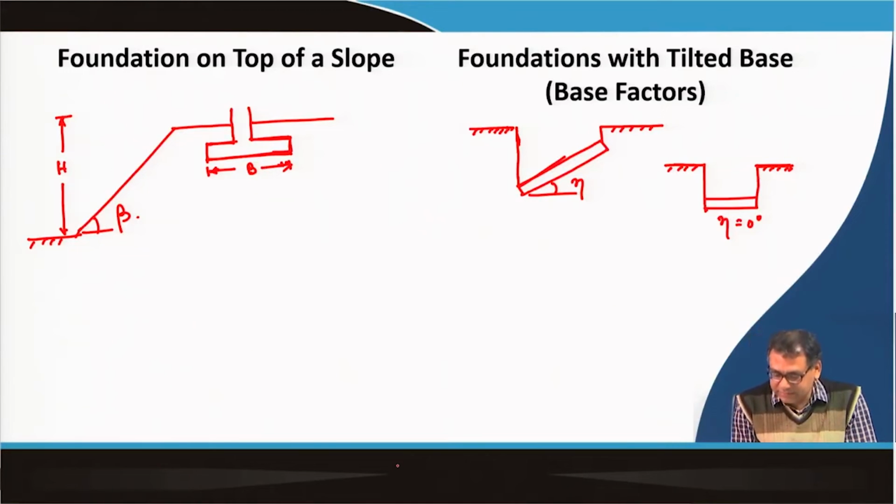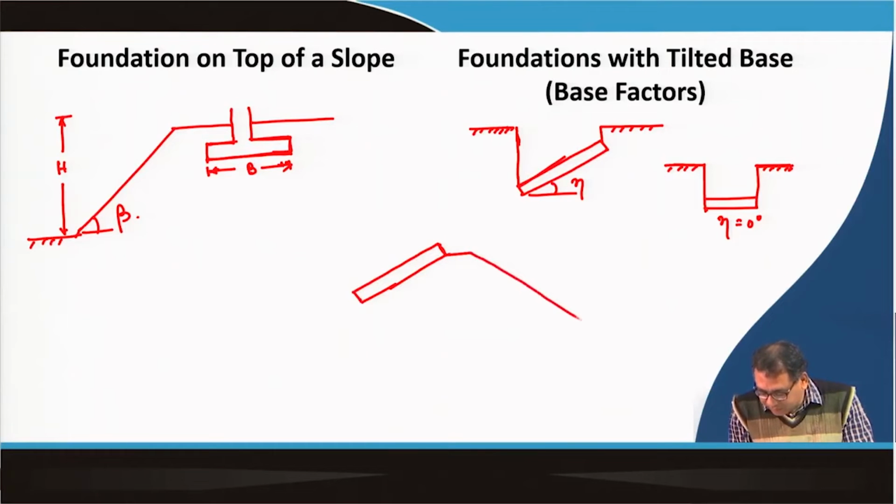For example, like this, this is the tilted foundation, okay, and it is on the slope also, with an angle of beta say, but at the same time it is tilted.